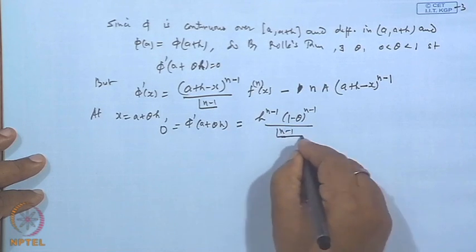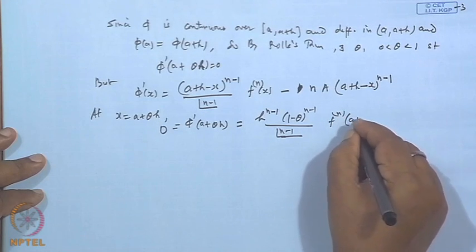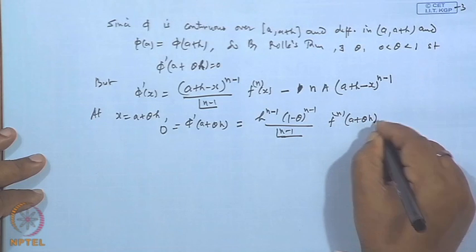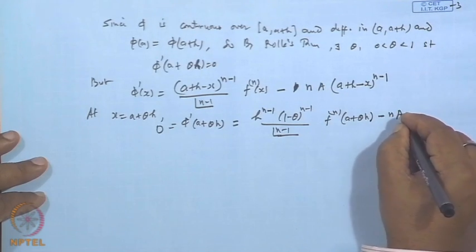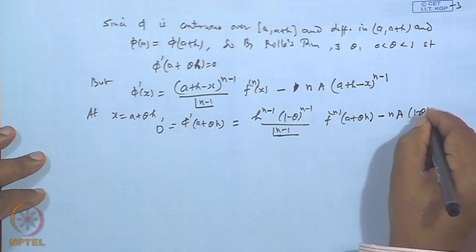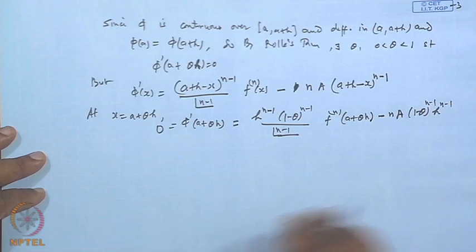Just substitute this value x equal to this number into f(n)(a + θh) minus p_n(a), and (1 - θ)^(n-1) h^(n-1).